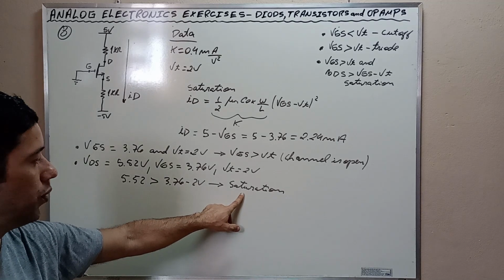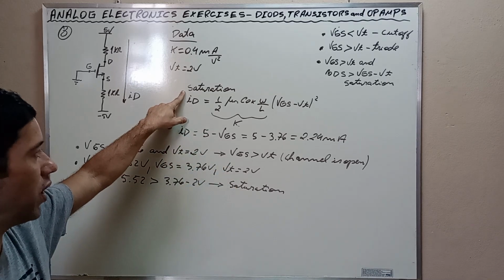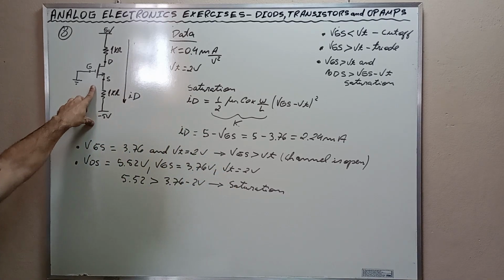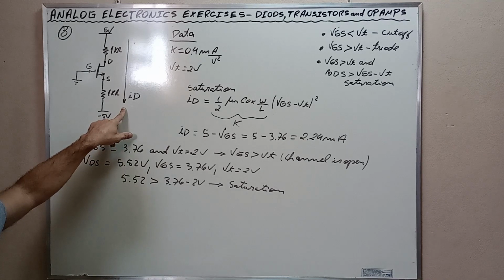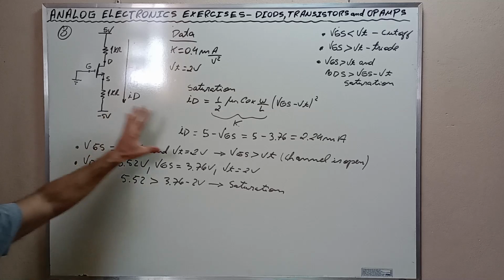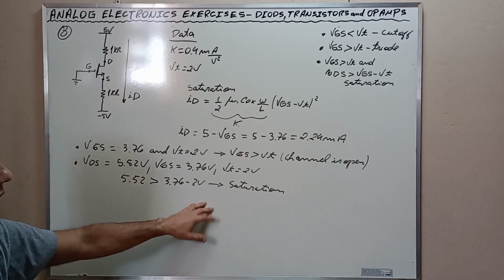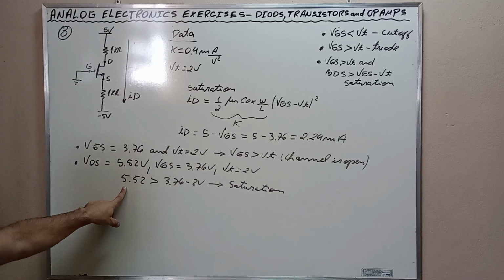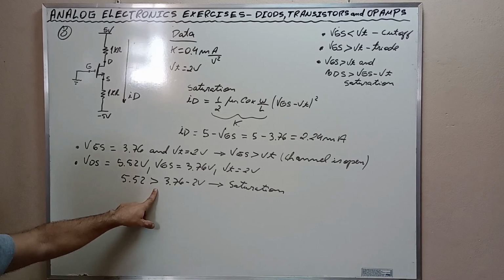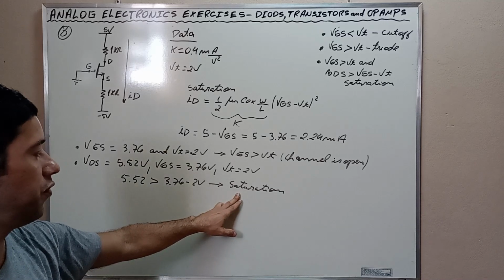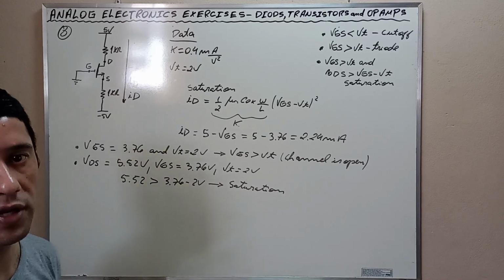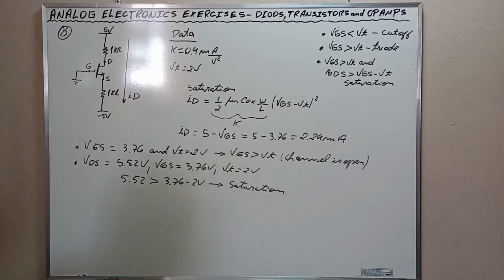We firstly assumed that the MOSFET was operating in saturation. It could have been operating in triode, okay? If the device had been operating in triode, we would need to calculate it all again, but as we understood that VDS is greater than VGS minus VT, we verified that it is indeed saturation rather than triode.